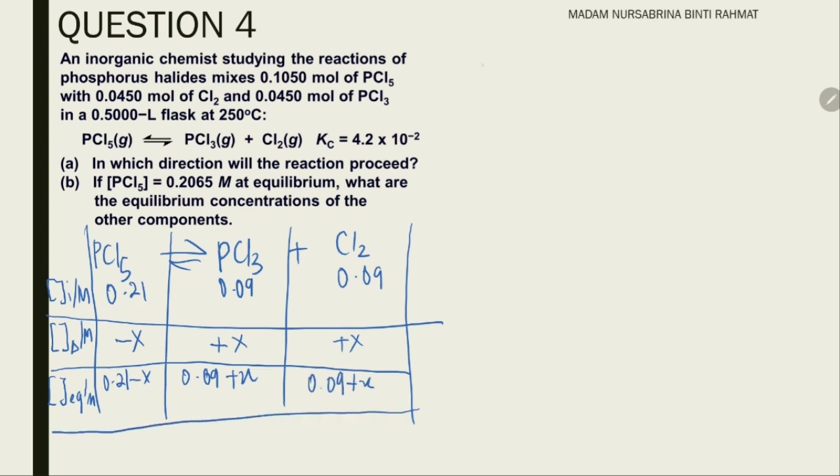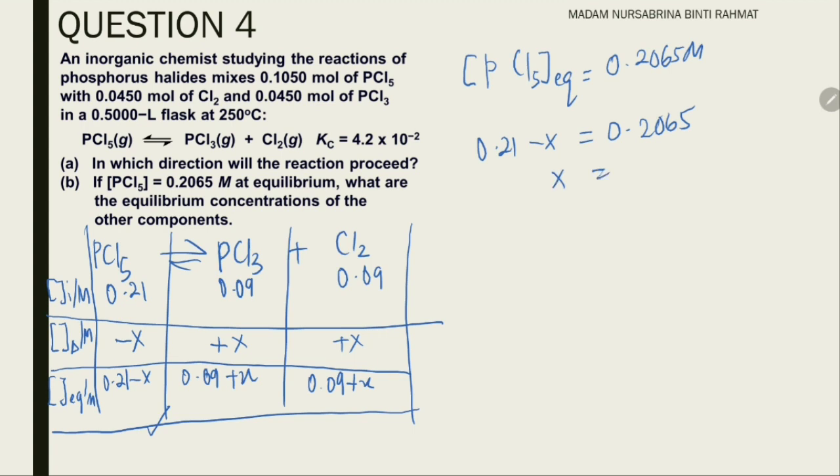Given that the equilibrium concentration of your PCl5 is 0.2065 molar, and from the ICE table the PCl5 equilibrium concentration is 0.21 minus X, you have to calculate the X value, which is 3.5 times 10 to the minus 3 molar. From that X value, you can now determine the equilibrium concentrations of the other components.